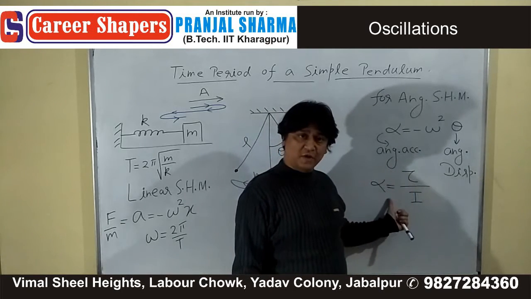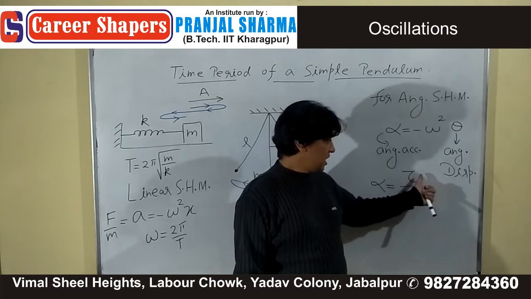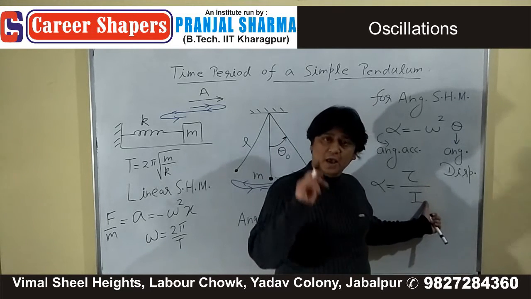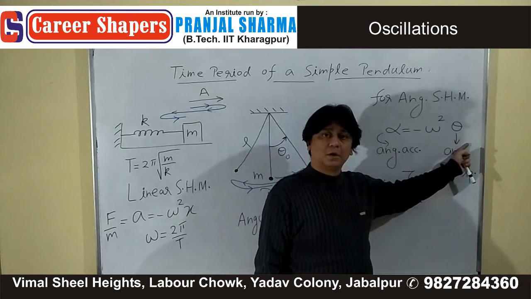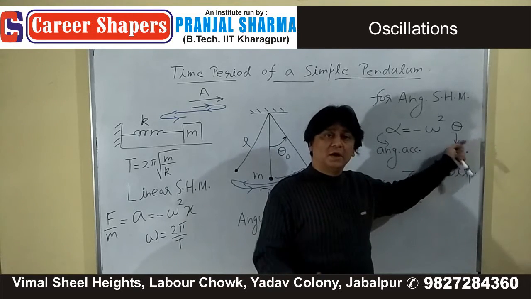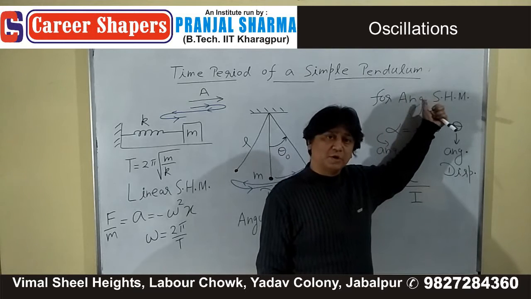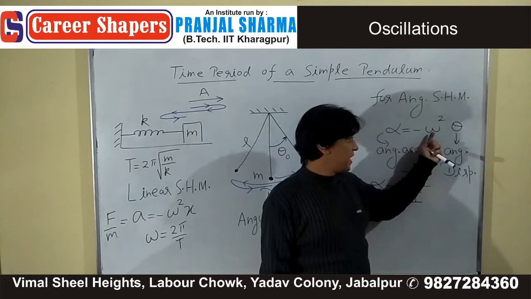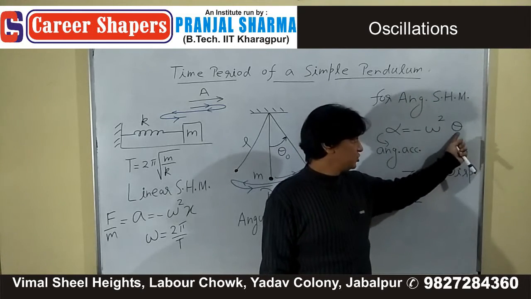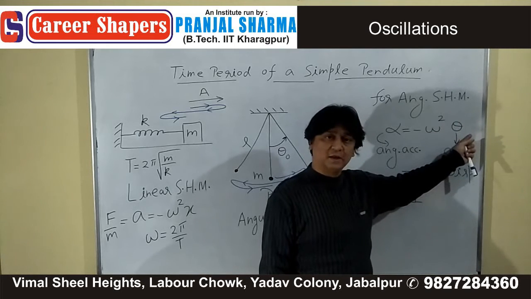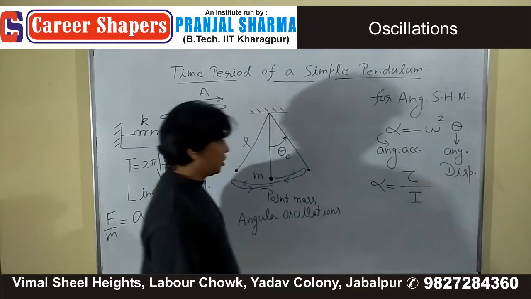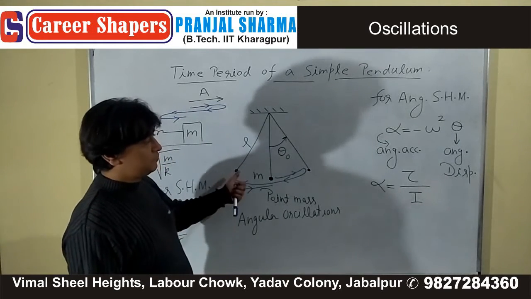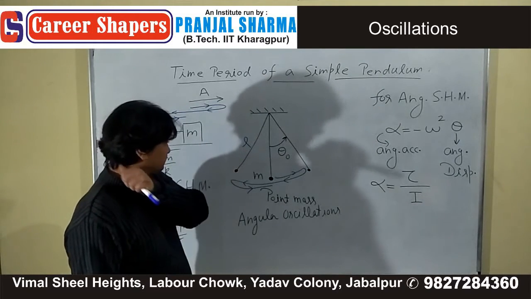If we can find alpha with the help of tau upon I, and if that alpha satisfies this equation, we have angular simple harmonic motion. We just need to find omega, the coefficient attached with this theta, and that will give us the time period.